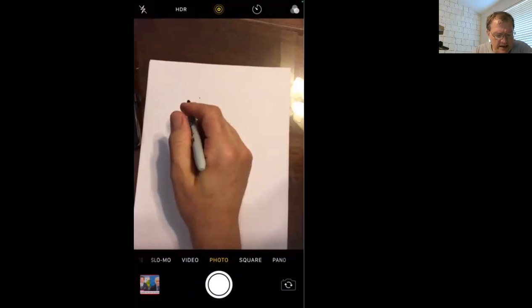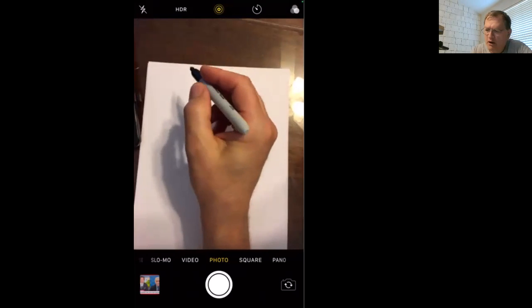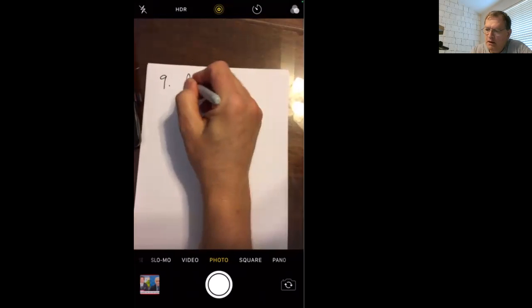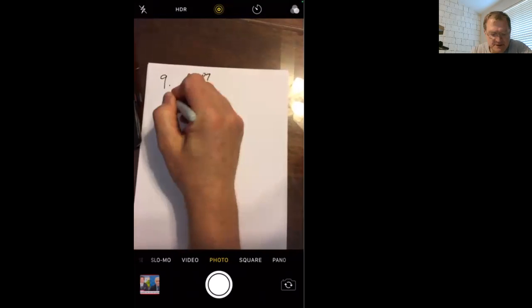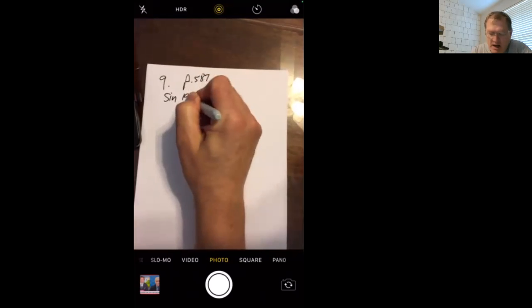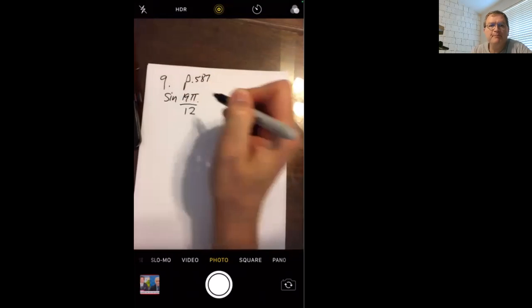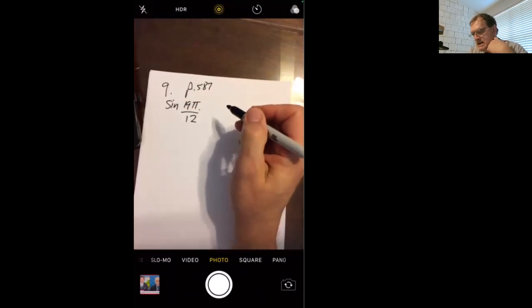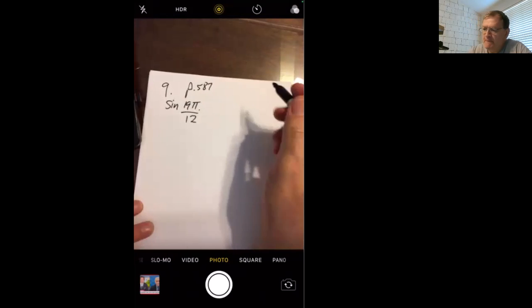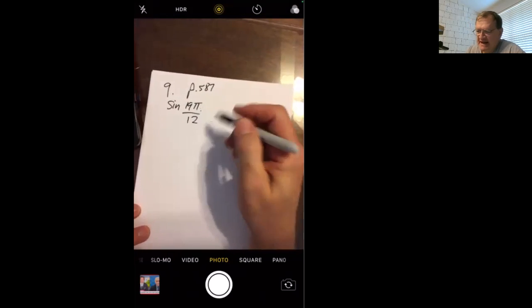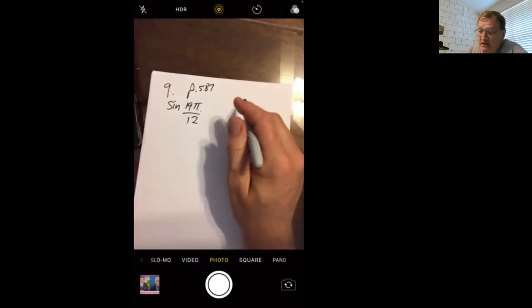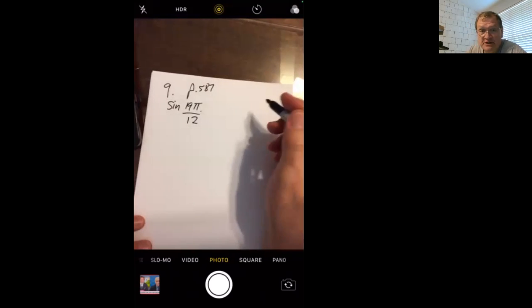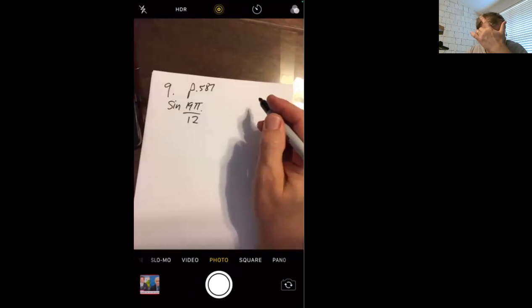I think I worked 13 last time. Why don't we try 9, sine of 19 pi over 12, page 587. Okay, so again, you don't really have this memorized, and how you exactly do it is up to you, but you got to kind of puzzle it out.